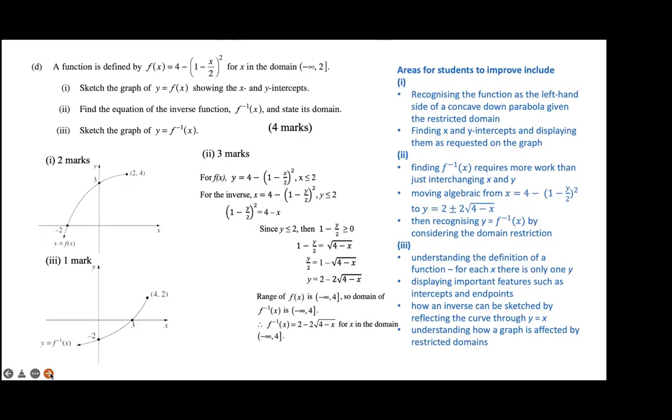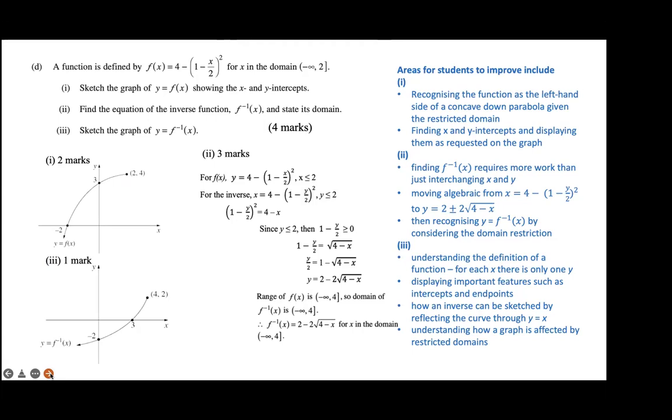Part D. This was an inverse function question. In total, it was worth 6 marks. In better responses, students were able to correctly sketch the left-hand side of the concave down parabola for the restricted domain. As requested, they indicated the x and y intercepts of the function, and they also indicated the endpoint of the function for the restricted domain, that is where x equals 2.